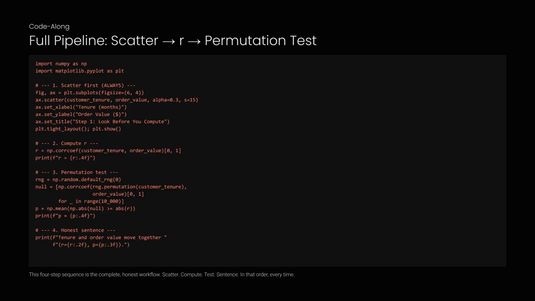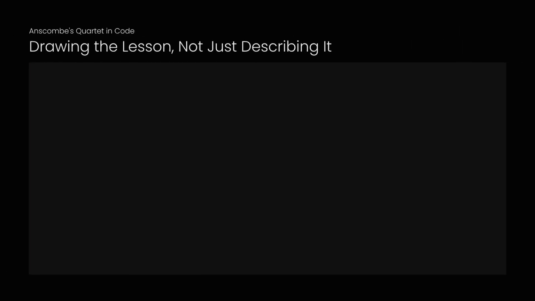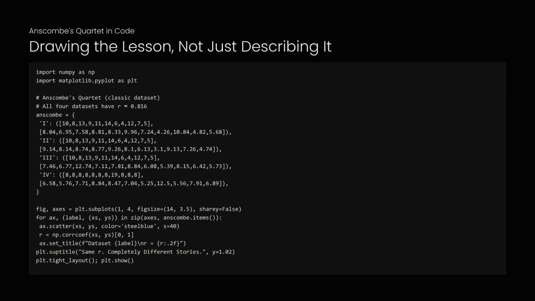Always follow this honest 4-step pipeline. Visualize with a scatter plot first, compute your R, perform your permutation test, and then synthesize your findings into a clear, honest sentence. Anscombe's quartet reminds us why visualization is vital. You can have the exact same R value across 4 completely different datasets, which all tell different stories.